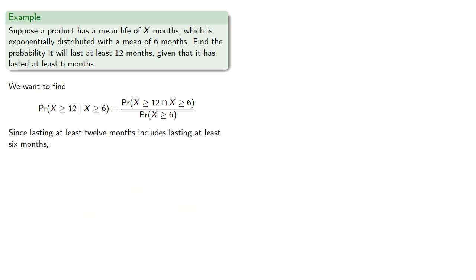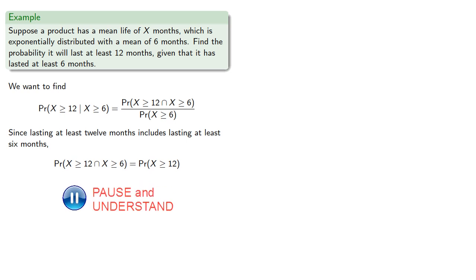Now, since lasting at least 12 months includes lasting at least 6 months, this compound probability is just x greater than or equal to 12. And so the probability we need is the probability x greater than or equal to 12 divided by the probability x greater than or equal to 6.